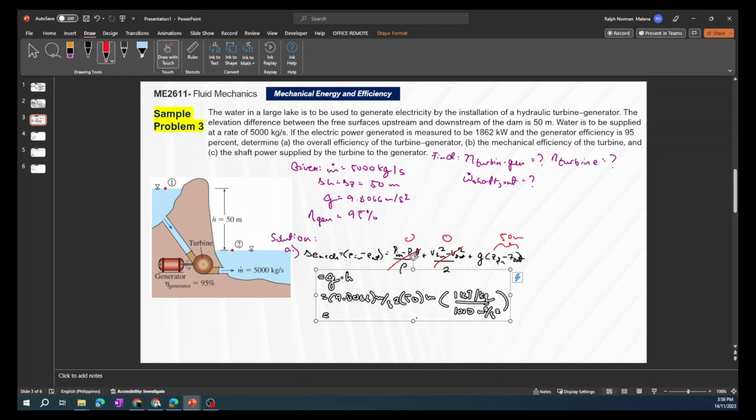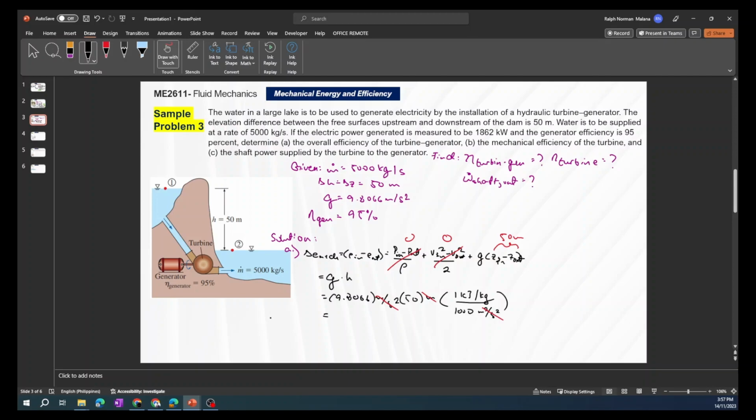Kilojoule, so this is going to be Newton. It's going to be canceling out. Meter squared per second squared. Okay, there we go. So meter squared per second squared is definitely going to cancel out, and we will have the answer of, let me just do some calculation on my end. 9.8066 times 50 divided by 1,000.